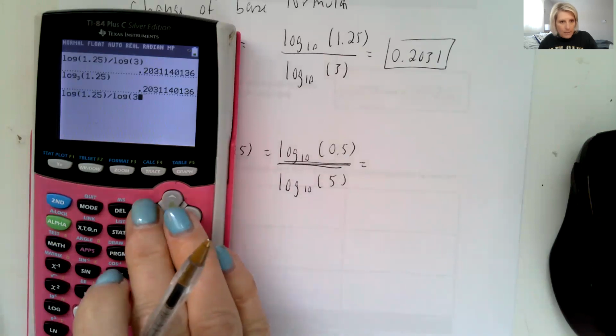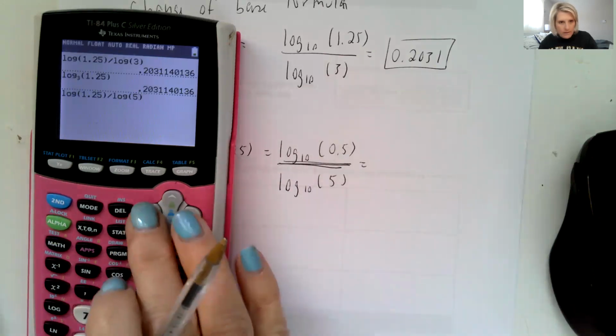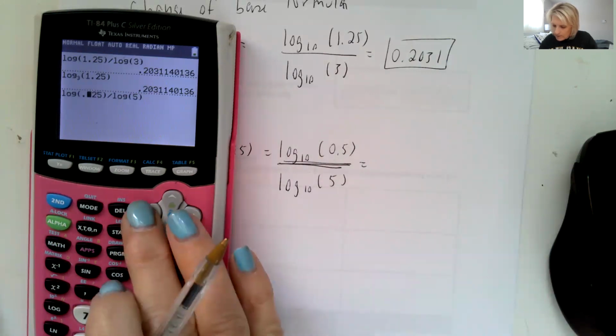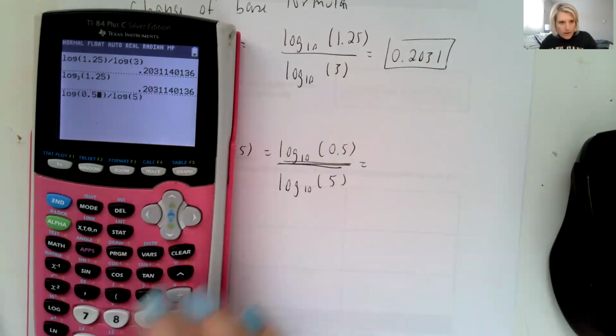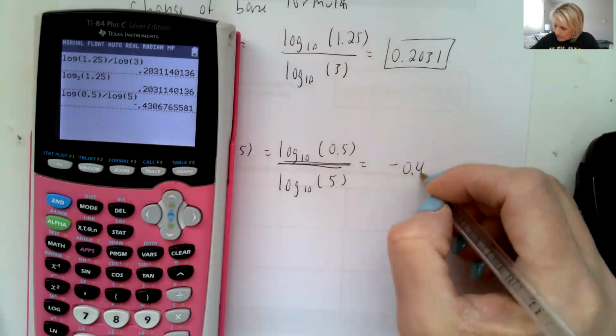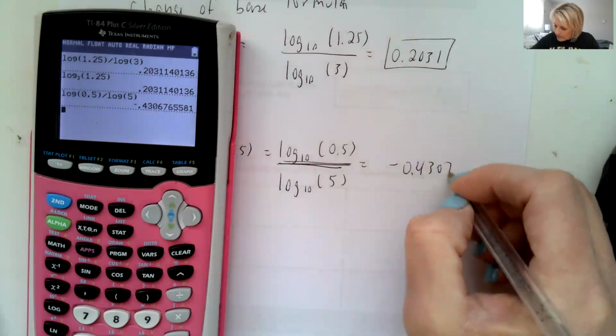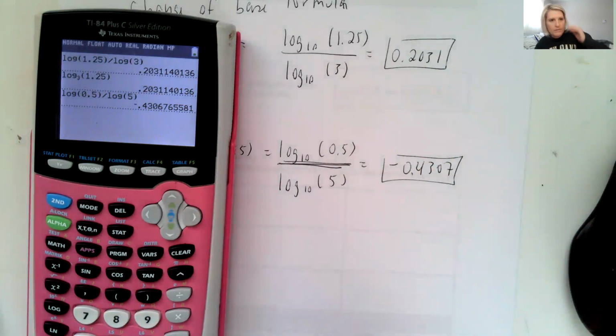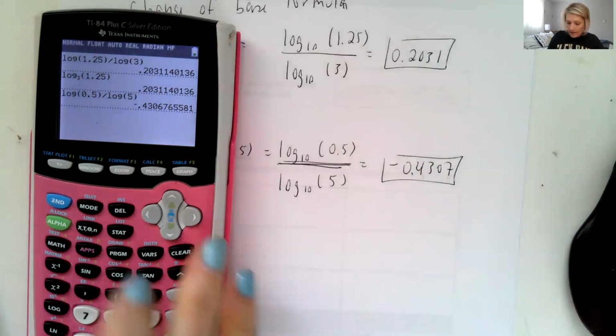Now I'm going to copy this and edit because it's a lot easier. It's 0.5 and delete that. And that comes out to be a negative 0.4307 to 4 decimals. And remember, when you don't see a base, it's because it's assuming base 10.